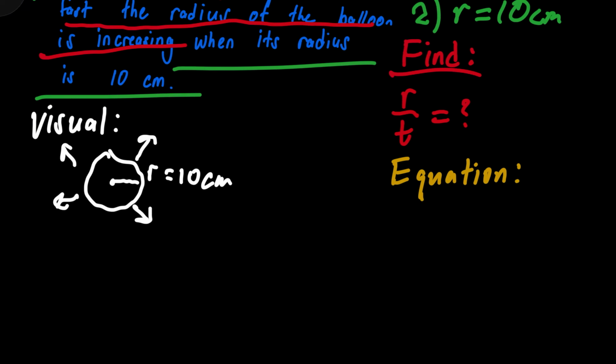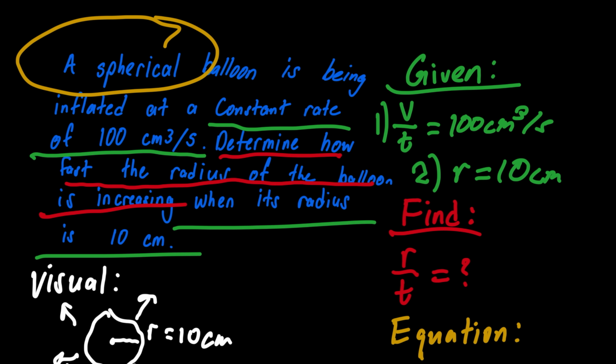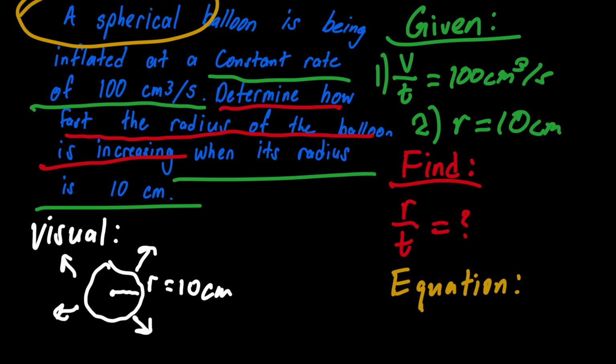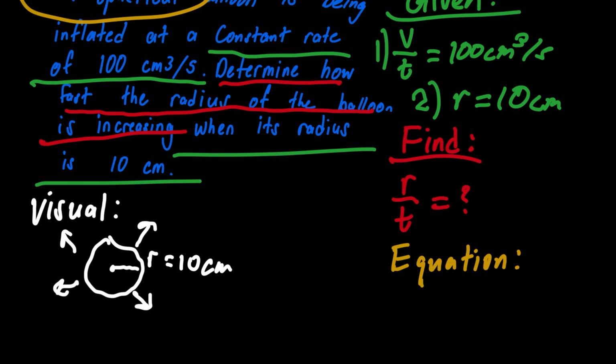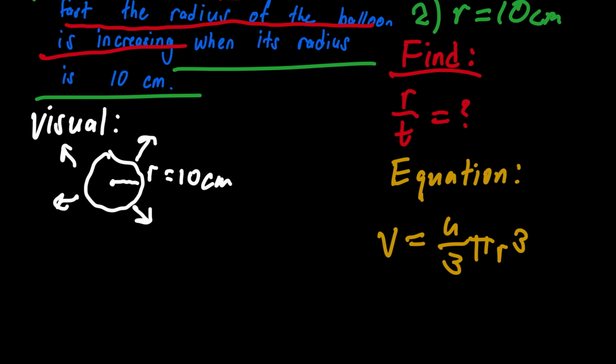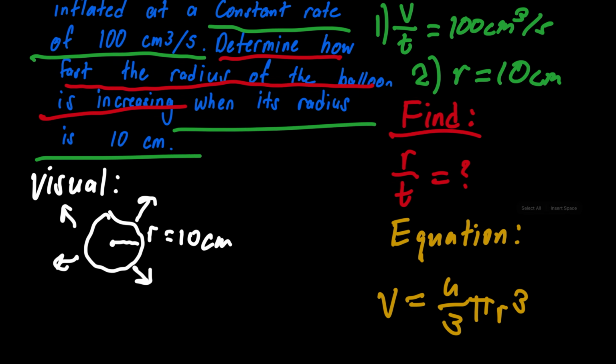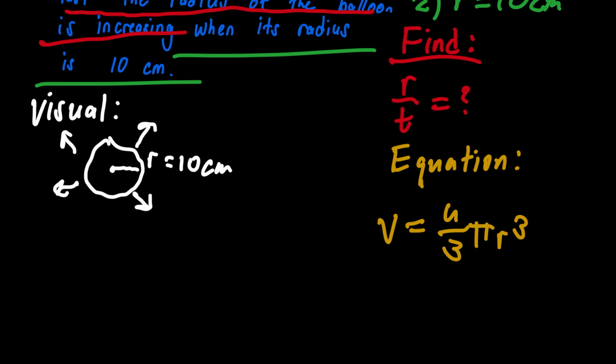Well, we know there's a volume involved, we know there's radius involved, and we know it's a spherical balloon, right? So there's only one equation for volume and radius for a sphere, and that is volume is equal to 4 over 3 pi r cubed. That's our equation for volume. Great, that's the entire setup for this problem, and now it's going to be easy from here.